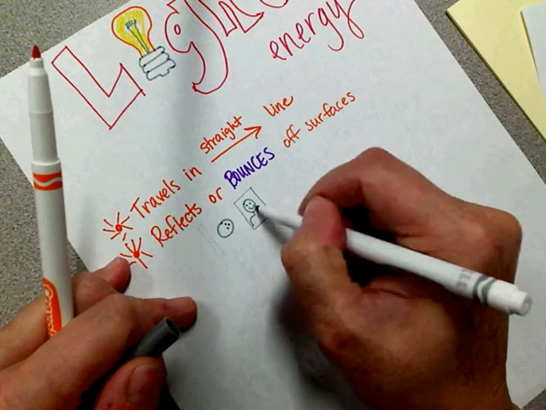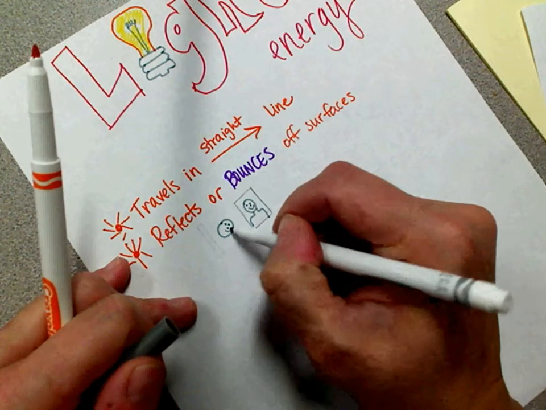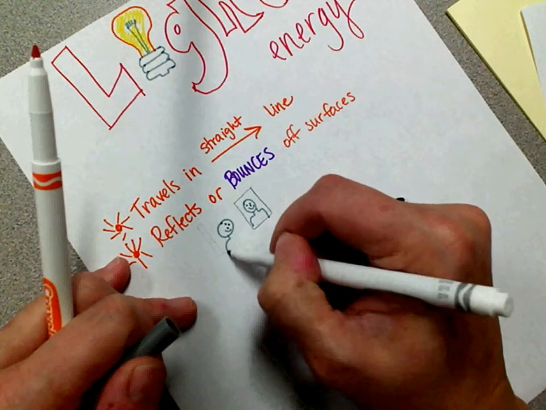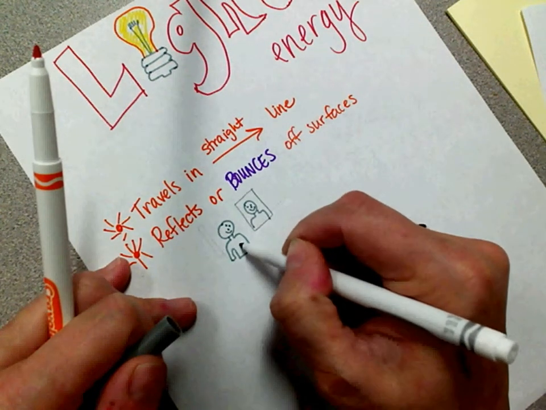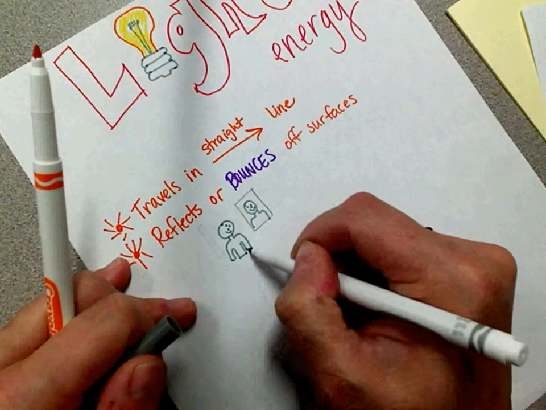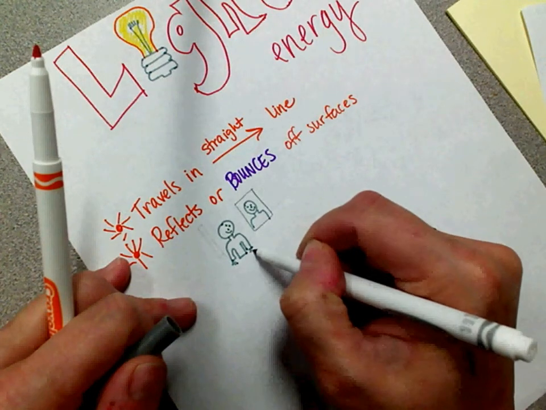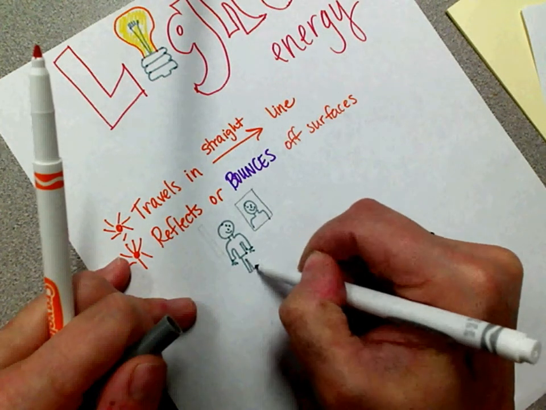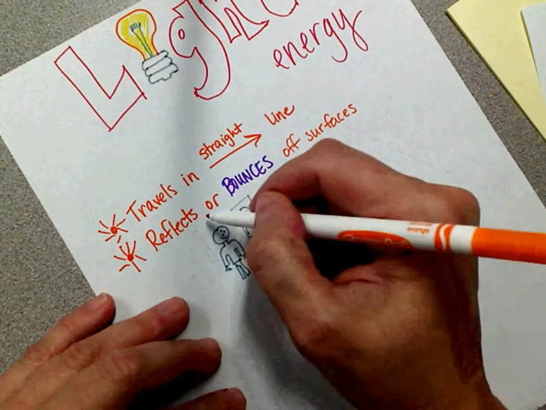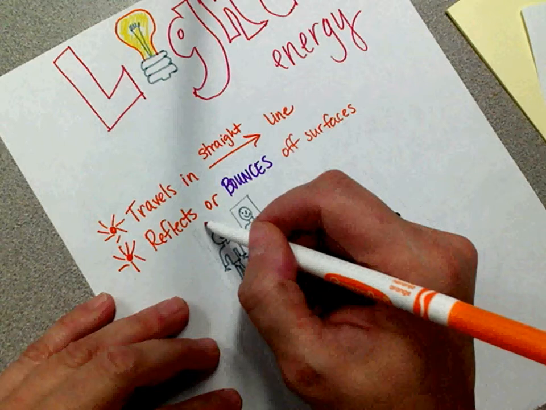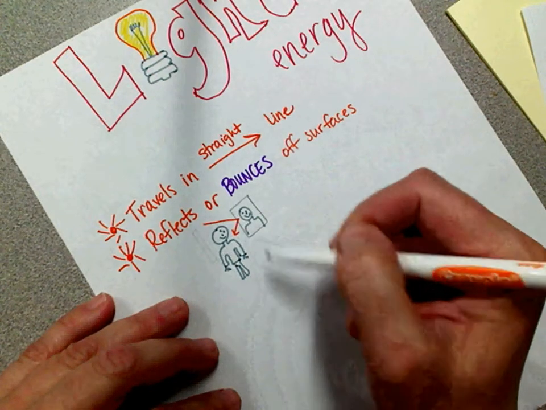Oops, I didn't give you a nose. Okay. A reflection. The light is bouncing off the mirror so that you can see it. Okay?